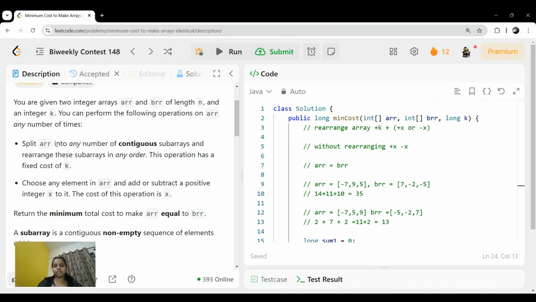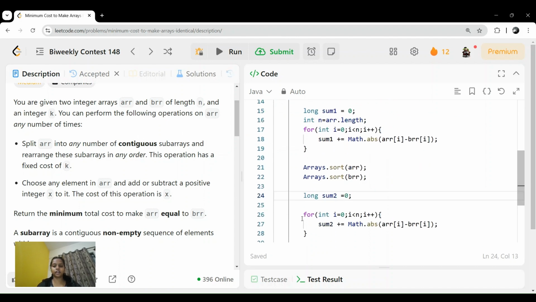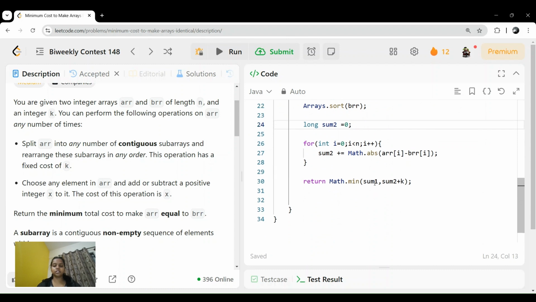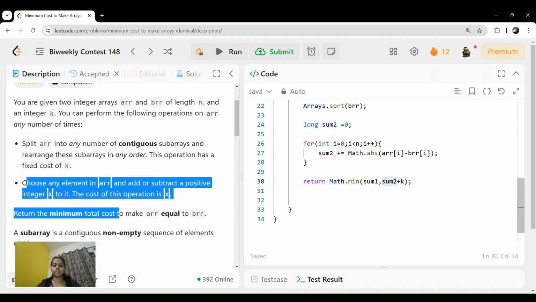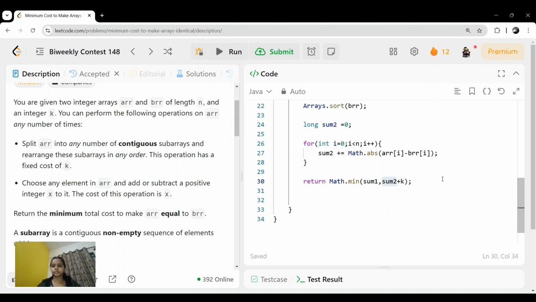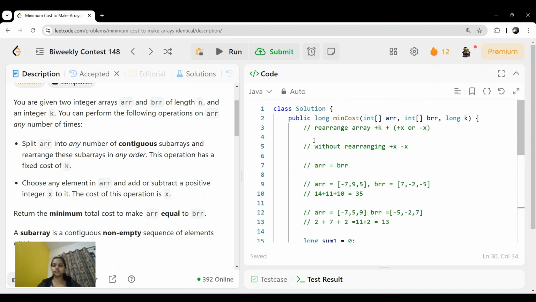That is why we sort and again find the absolute value. At the end we take sum1 and sum2 plus k. Why sum2? Because the second case is we rearrange the array, which costs k plus the difference we get. That difference means we have to add x or subtract x, so we take the absolute difference for that.